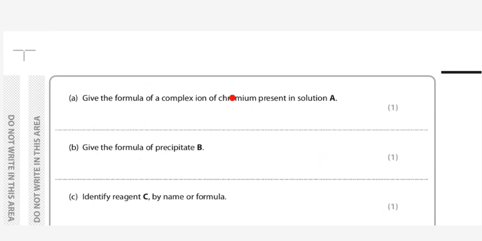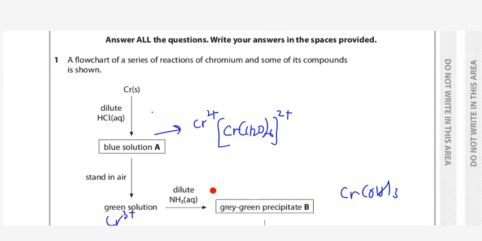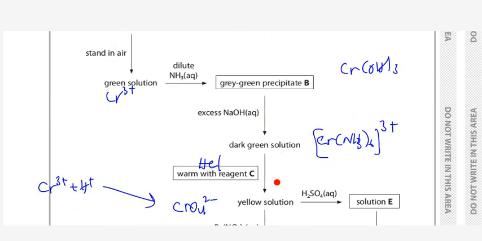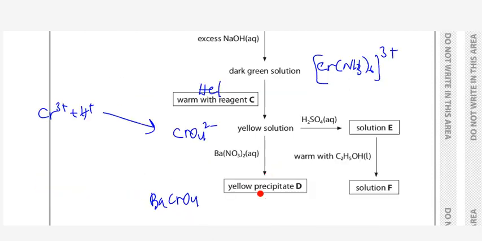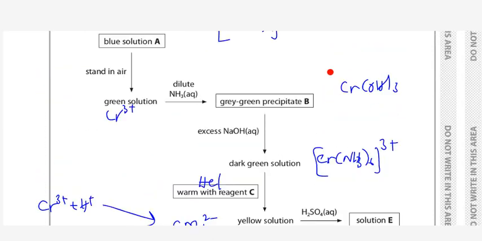Identify the complex ion of chromium present in solution A. Complex ion of chromium present in solution A is hexaaquachromium 2 plus. And next, precipitate B, chromium 3 hydroxide.